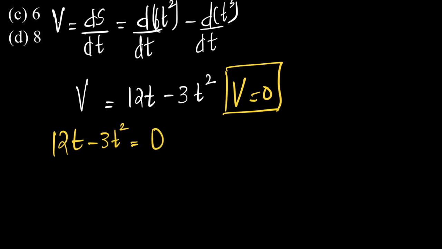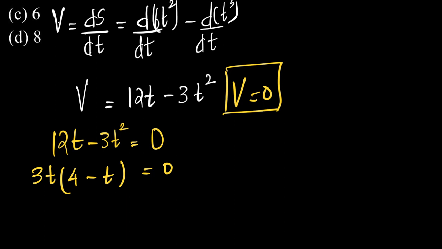In which case, if we take 3t common, what do we get here? 3t into 4 minus t is equal to 0.